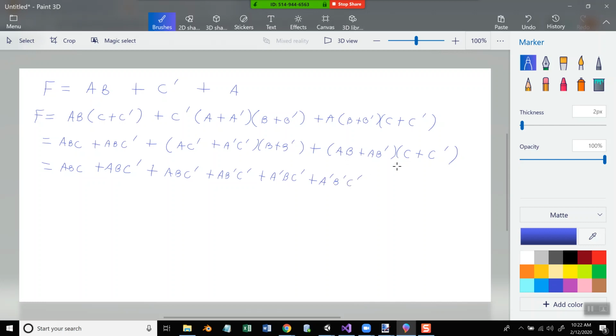AB times C is ABC. AB times C prime is ABC prime.